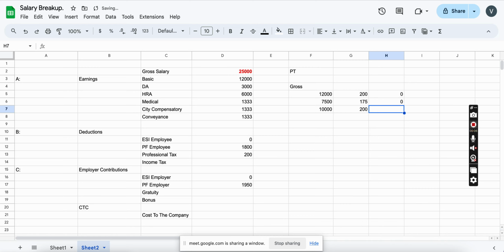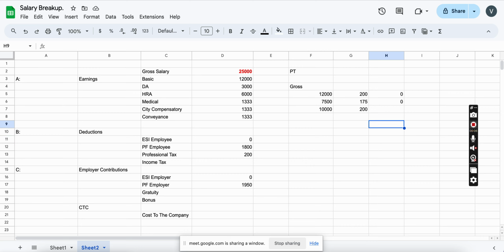Okay, so at that time you have to go and refer, and while you start working anyway, these things will be by-hearted to you. But every time you prepare the breakup, you have to refer to what the government has given in notification, or whether any changes are there, and you have to follow that, because PT has no percentage-based calculation, it's just government defined. Okay, some places like Tamil Nadu, West Bengal, Bihar are more complicated and multiple slabs are there.